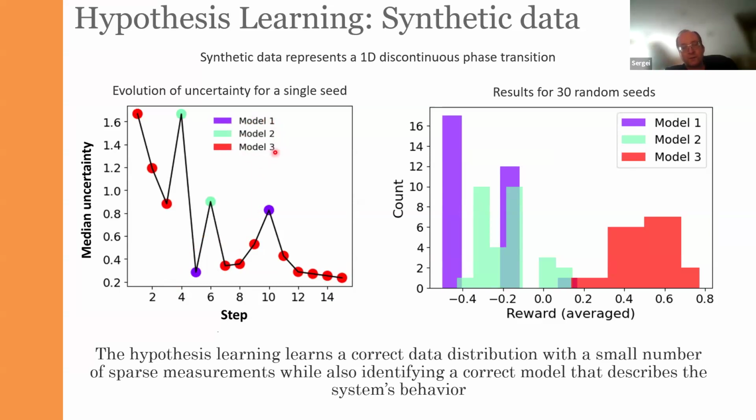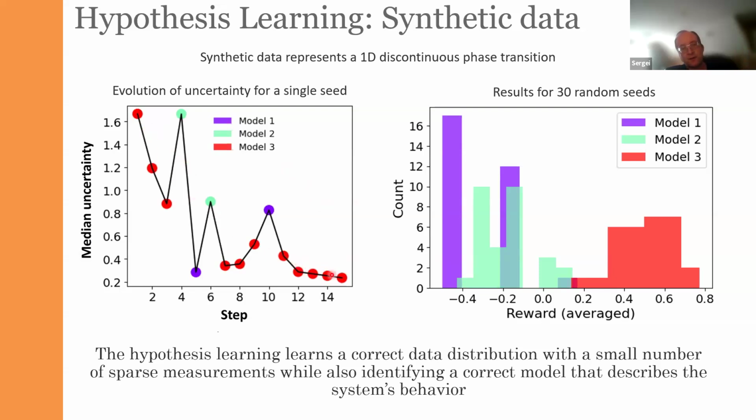What hypothesis learning tries to do is, at the same time, learn the data distribution while identifying the correct model. If a model gives better predictions, it is more likely to get to drive the experimental system. If not, we still allow for an algorithm like epsilon greedy, even for the wrong model, to try new things to make sure that we are not trapped in a specific region of the model space.